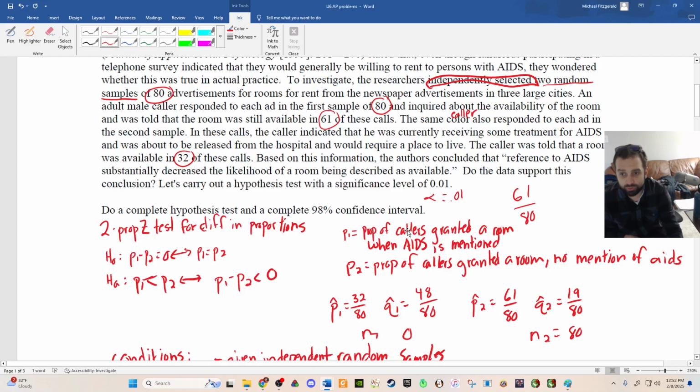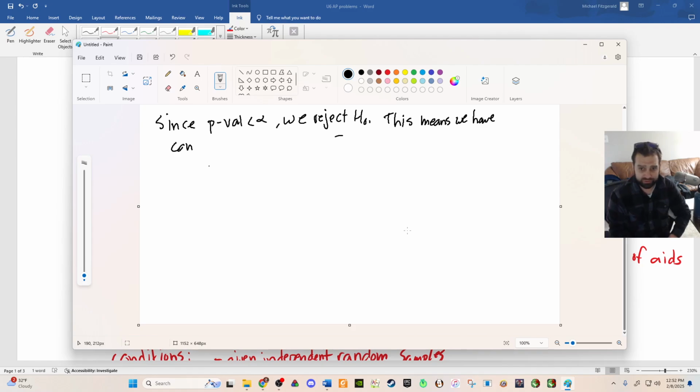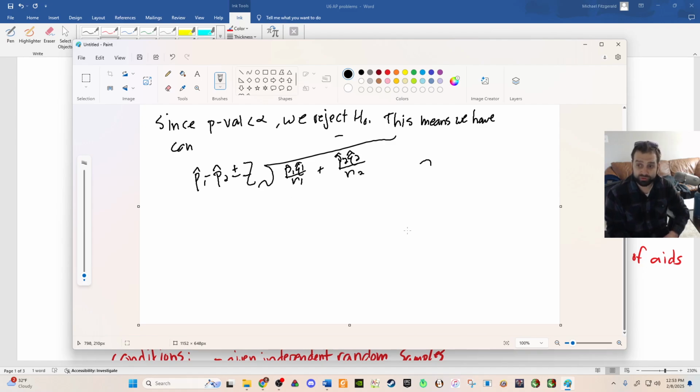It also has us find a 98% confidence interval. Well, the conditions are already met. If you want to do that with the formula, it is this. Feel free to plug that in, but if you just say two-proportion interval, you can go right to the calculator.